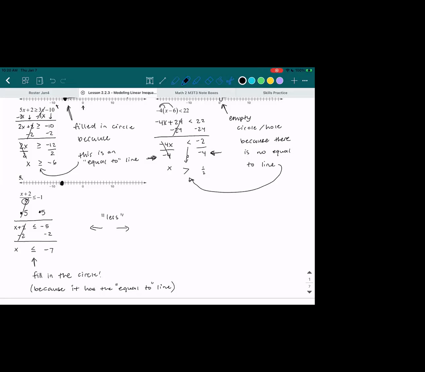Left, left, left. You guys are good. An easy way you can think about it is L for left, L for less. They both have an L in it. So it's not to the right, we're going to shade it into the left. Or not shade it, but just draw your arrow to the left to show that x is less than or equal to -7. And because it has the equal to line, we filled in the circle.